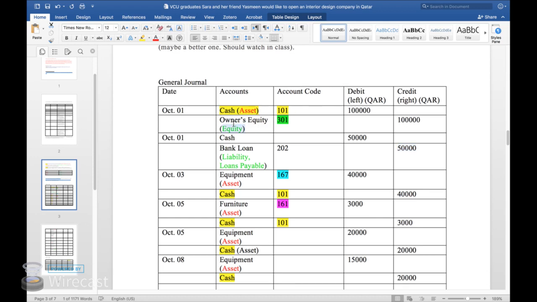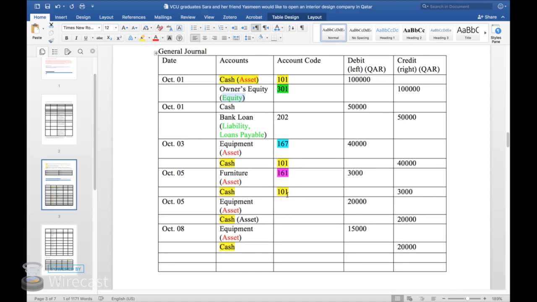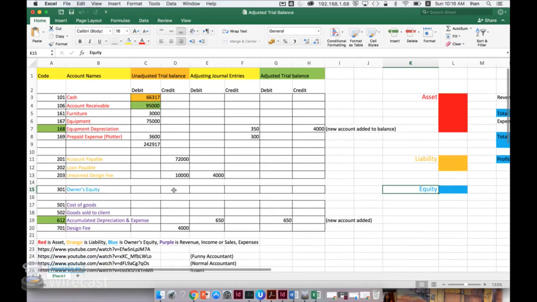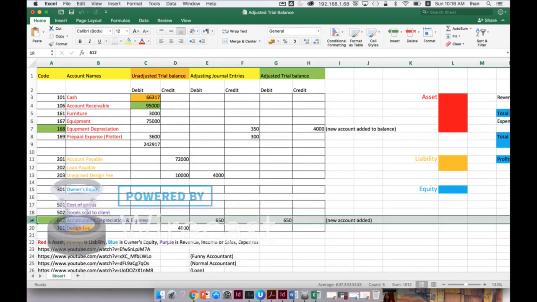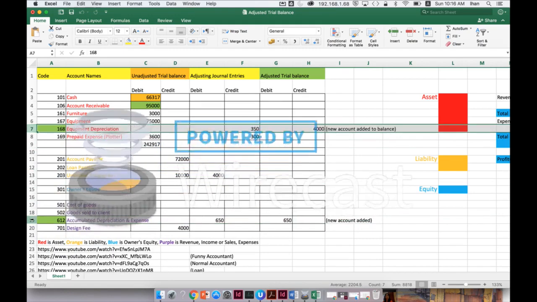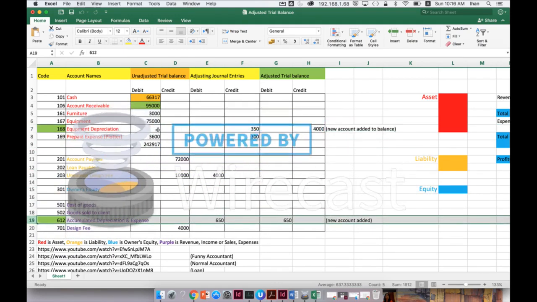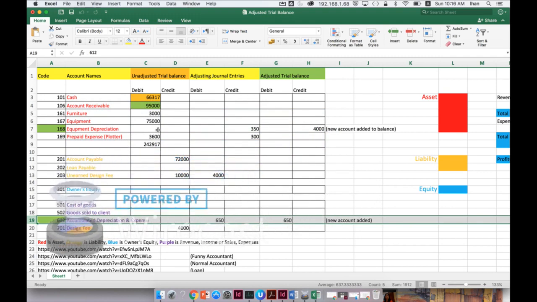For example, we can look at the 301, or any of that. But I have the numbers for you, and the numbers are very easy to see in the Excel. If you look at the Excel, there are two things highlighted. Those two accounts are new accounts. That's for future jobs. It's not in the journal, and it won't be in the ledger.